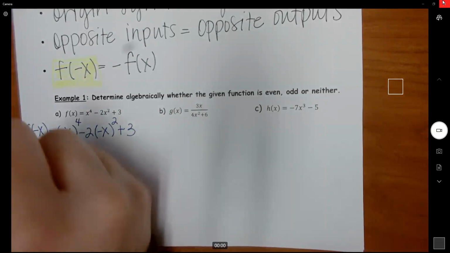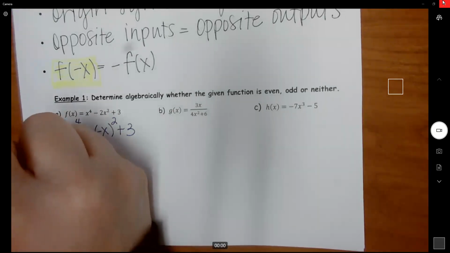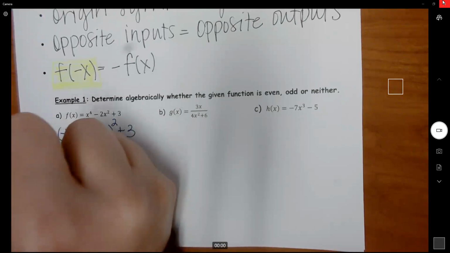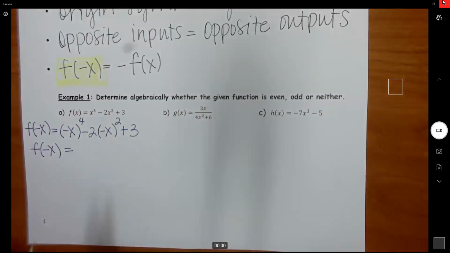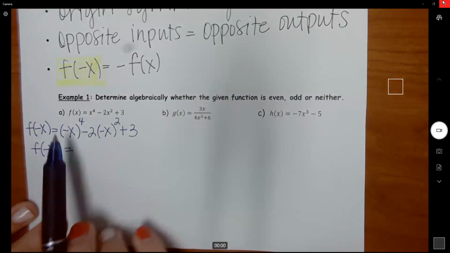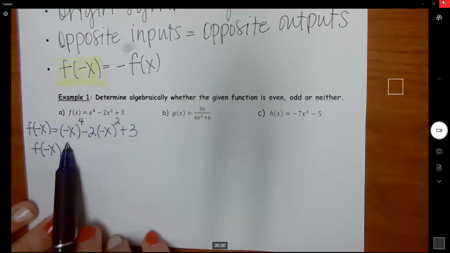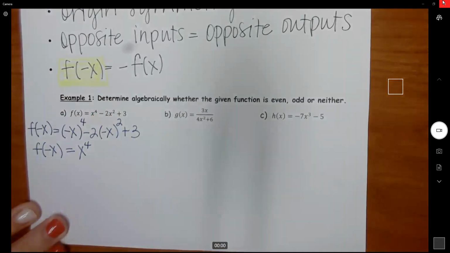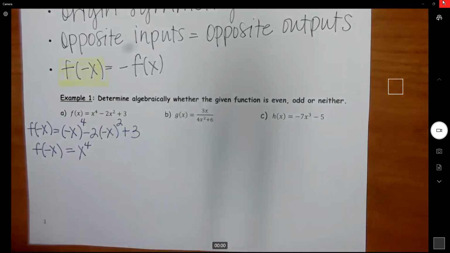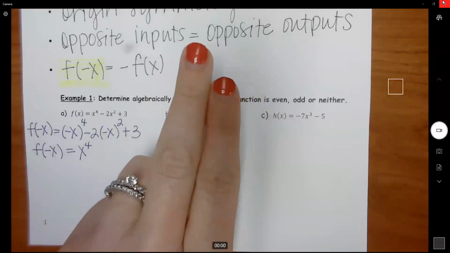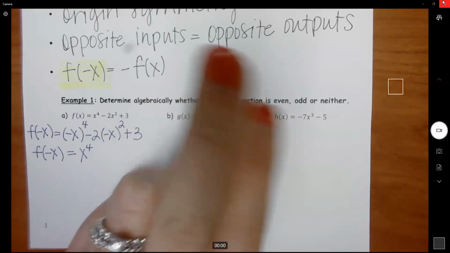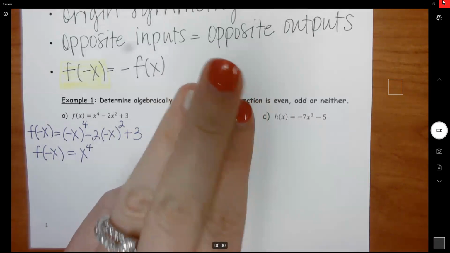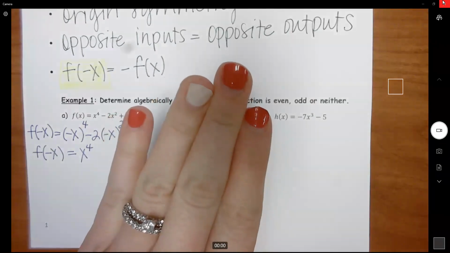So let's simplify. If I have a negative number and I take it to the 4th power, that's going to make this positive. Because negative times negative is positive, times negative is negative, but times another negative makes it turn back positive.